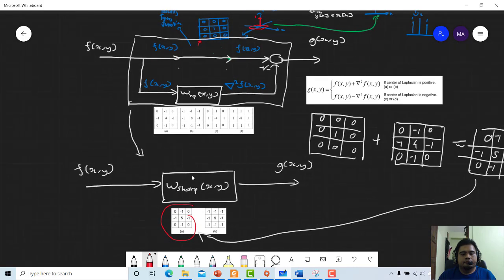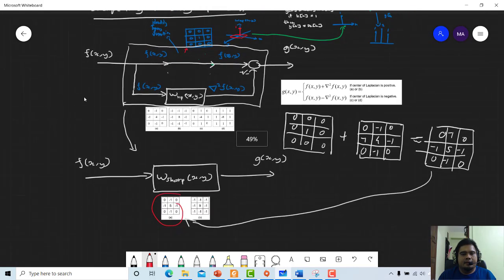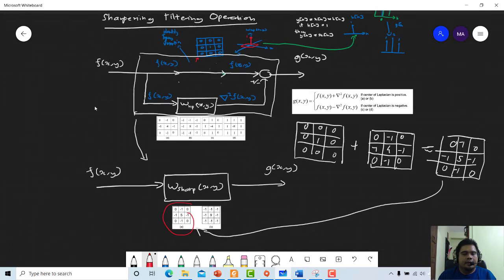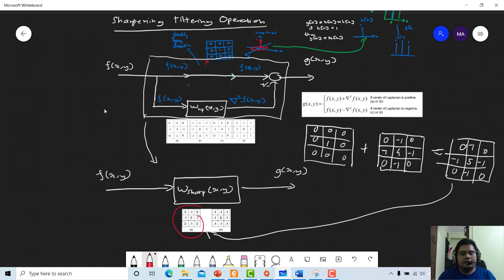As a summary, that is how the sharpening filtering operation works. There are many versions of the sharpening operation, because you have four ways to do it: you can use A, B, C or D, and from these you can simplify.